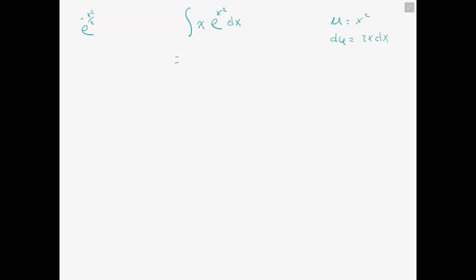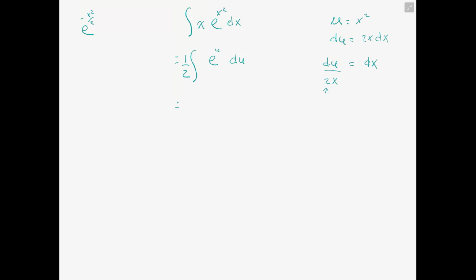Well, we got x dx in the integrand, but we don't have 2x dx. So dx is equal to du divided by 2x. And we have e to the u du and 1/2, because we're missing that 2 there.